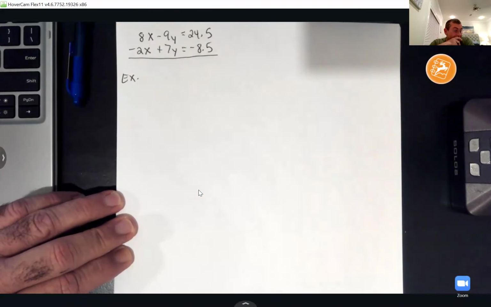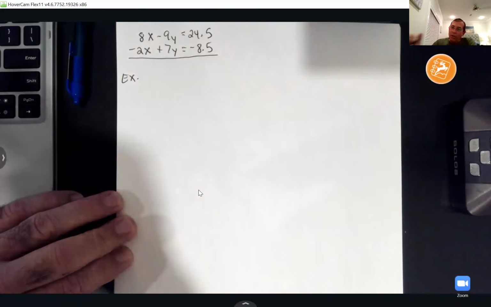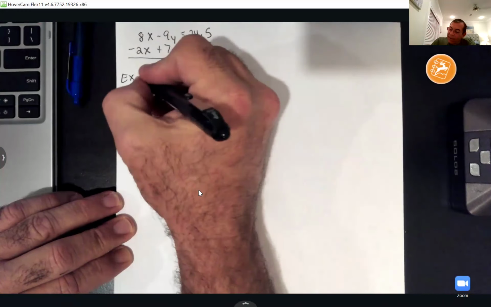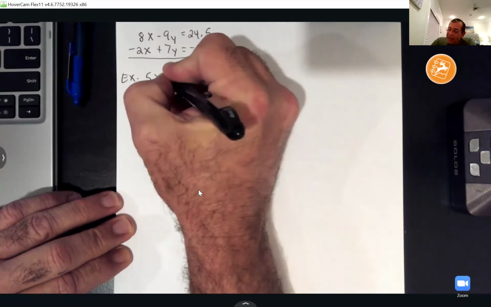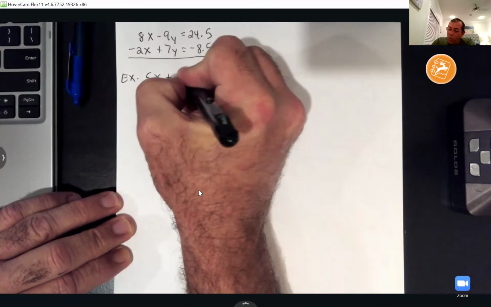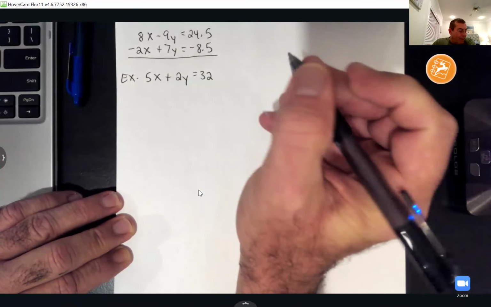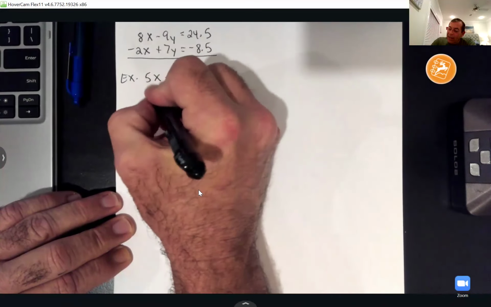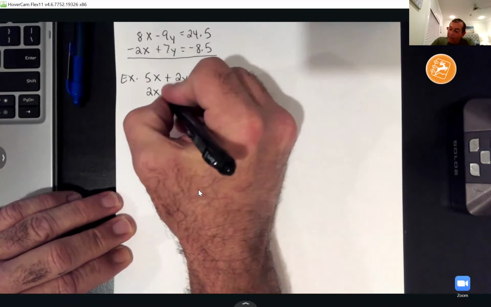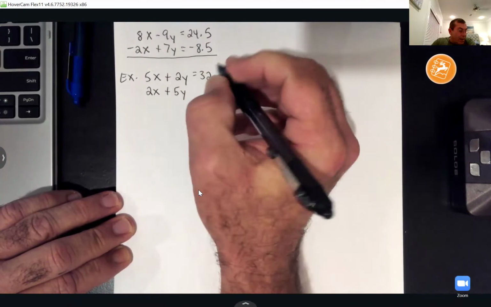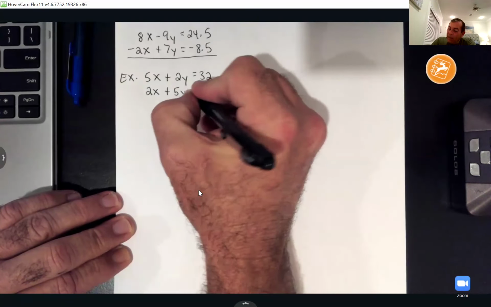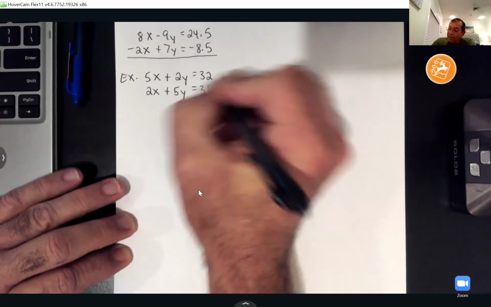How about that? And I'll do another 2 variable. So 5x plus 2y equals 32. 2x plus 5y equals 38.